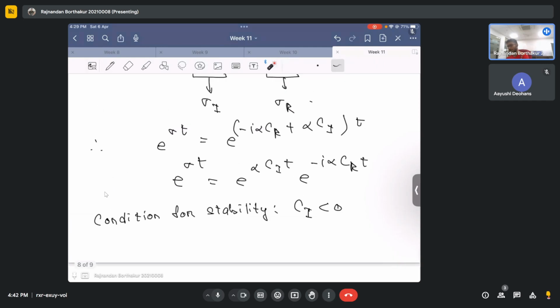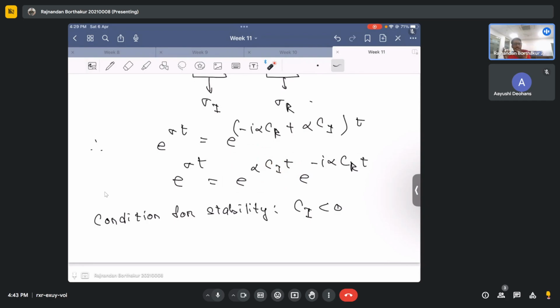Why? That is simply because if c_i is less than 0, it's obvious that the term e power minus i alpha c_r t cannot contribute to the growth or decay of disturbances, because it is a sinusoidal term. e power i alpha t can be written as sine of alpha_r t plus i times cos of this term, which means these terms would just be oscillations. The term responsible for a disturbance to grow or decay with time is just e power alpha c_i t.